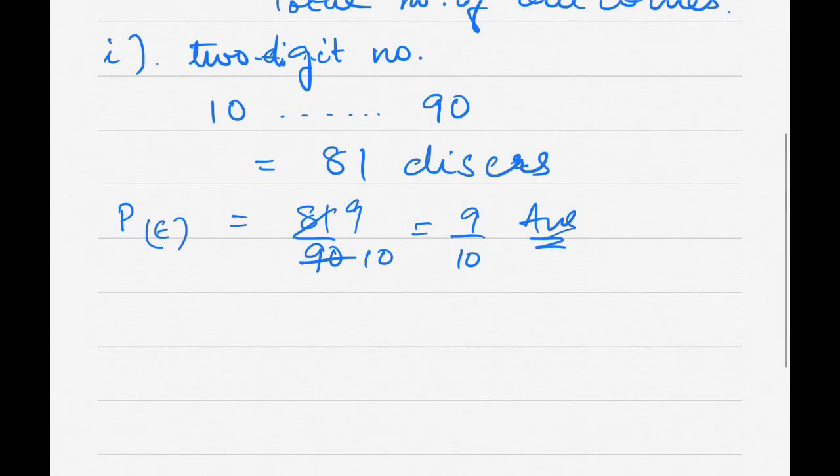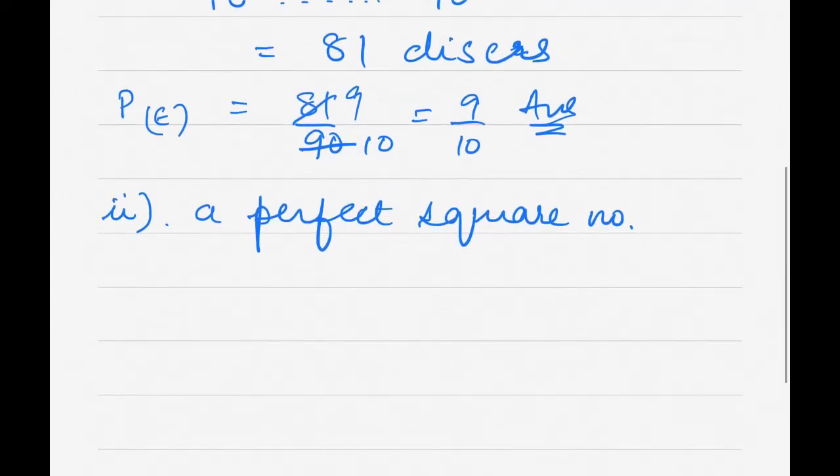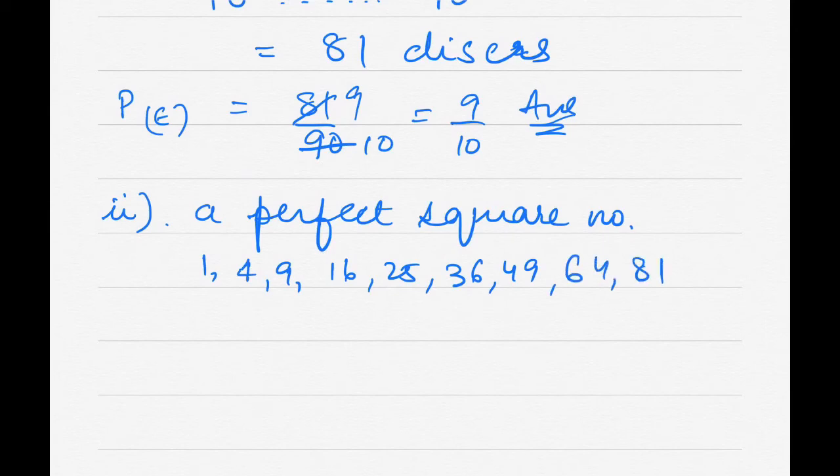Correct. Now in the second part they are asking for a perfect square number. Let's find out how many perfect squares there are from 1 to 90. They are 1, then 4, then 9, 16, 25, 36, 49, 64, and then 81, right? Then 10 square will be 100, so 100 is not there.